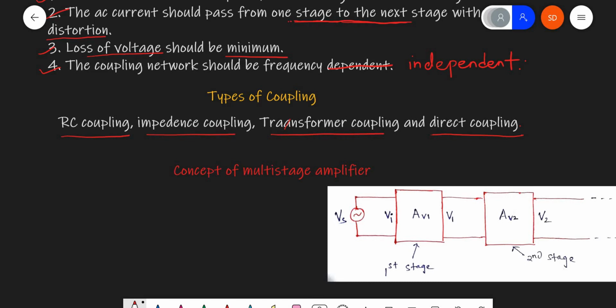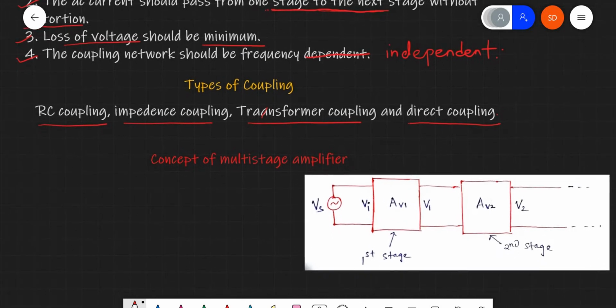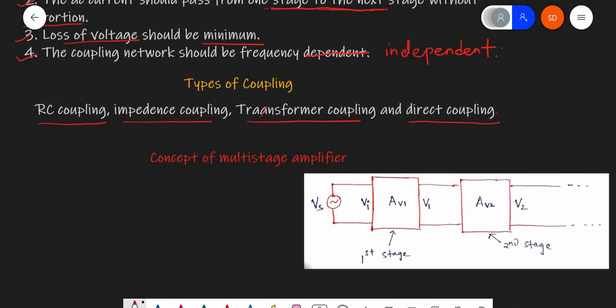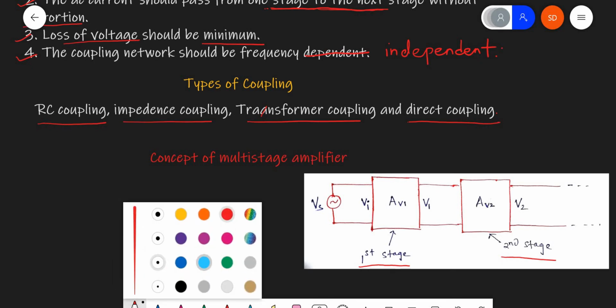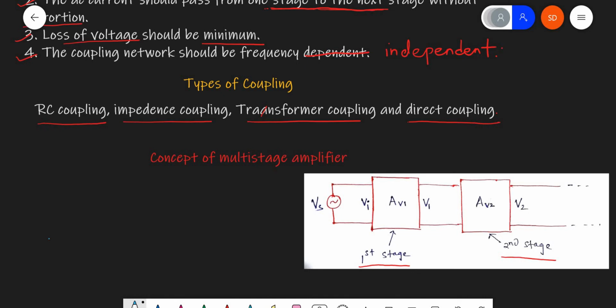Now let us understand the concept of a multi-stage amplifier, meaning how these different stages are utilized to get an amplified output. Here we have a diagram showing two stages. You can see this is the first stage and this is the second stage. Vs, from the figure, is the supplied input voltage.